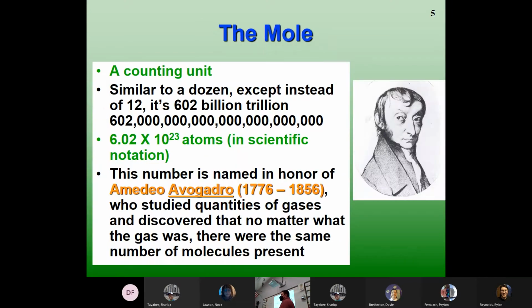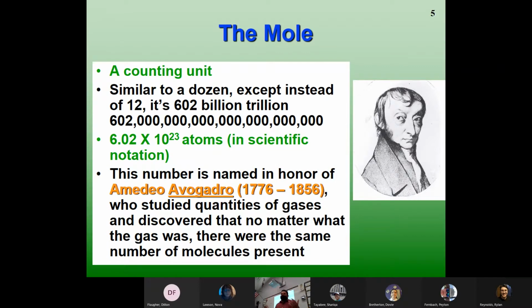So the mole is a counting unit, and it was derived by a scientist by the name of Amedeo Avogadro. If you know a little bit of chemistry, you've probably heard of Avogadro's number. And Avogadro basically wanted to know how many atoms are in this much of whatever, right?